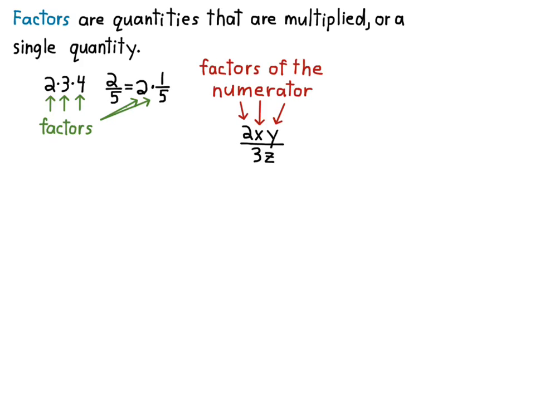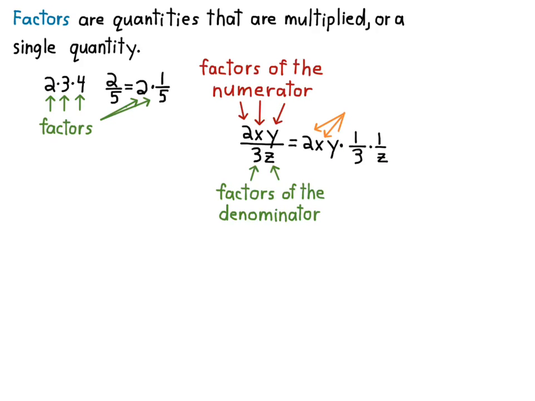So I've got 2, x, and y as factors of the numerator, right? And 3 and z are factors of the denominator. Now, 2, x, and y are also factors of the whole thing. But 3 is not a factor of the whole thing. 3 is only a factor of the denominator.